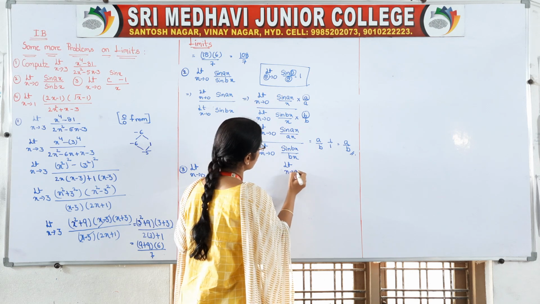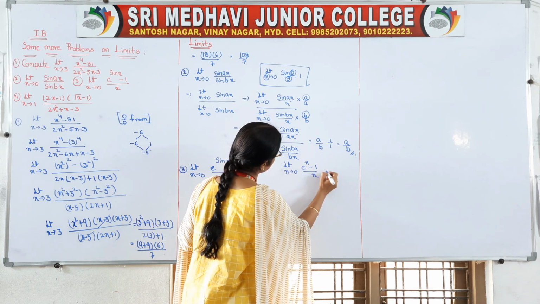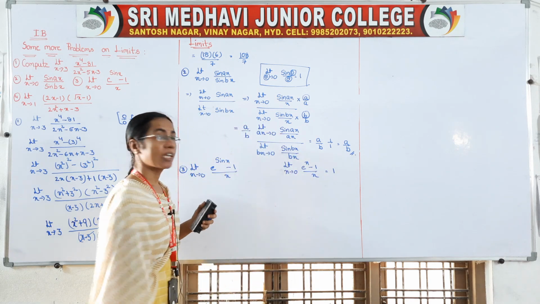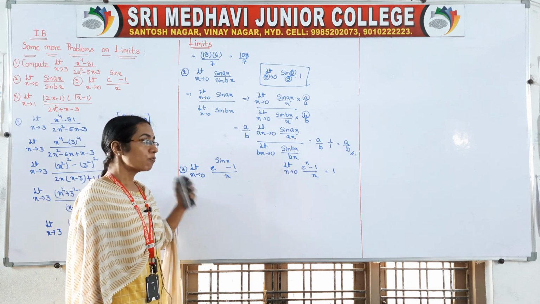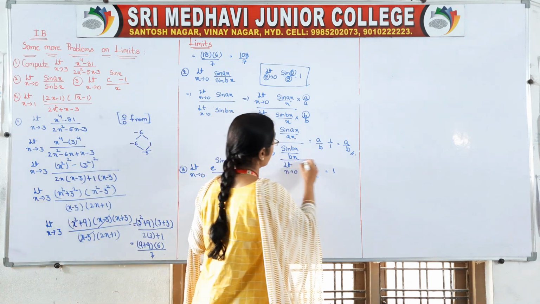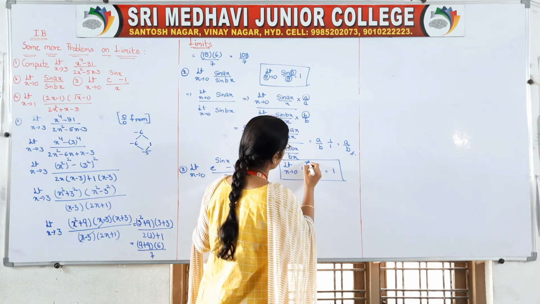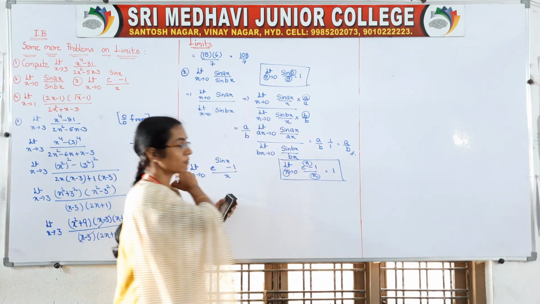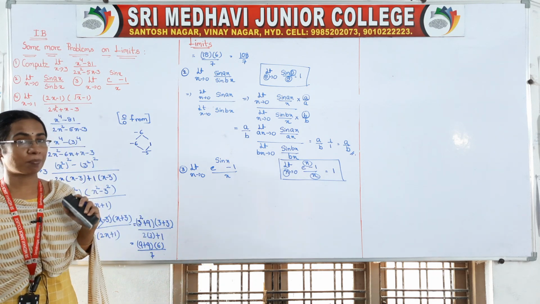Limit x tends to 0 of e to the power of x minus 1 by x is equal to 1. We got this standard formula. If we want to apply this formula, what is the condition? Again observe, this value, this value, this value must be the same, just like our sin theta formula.